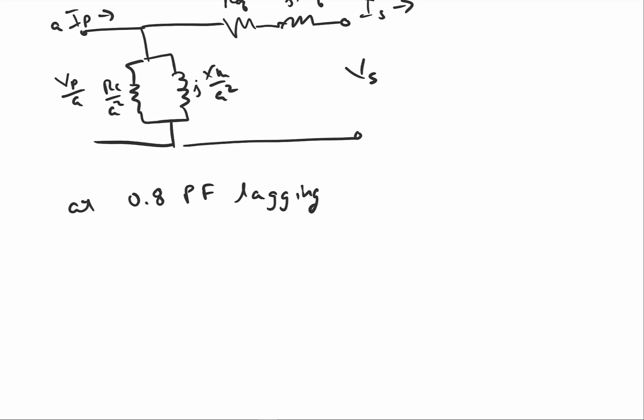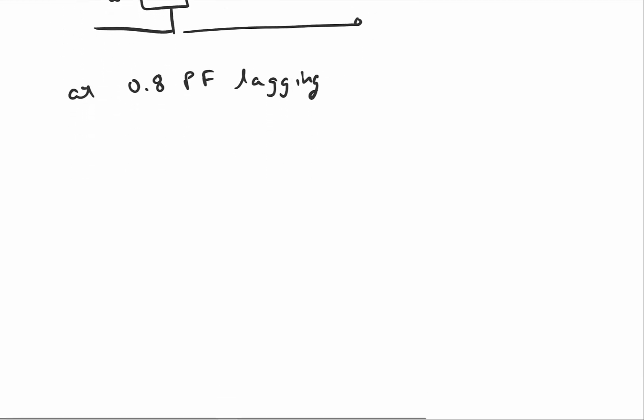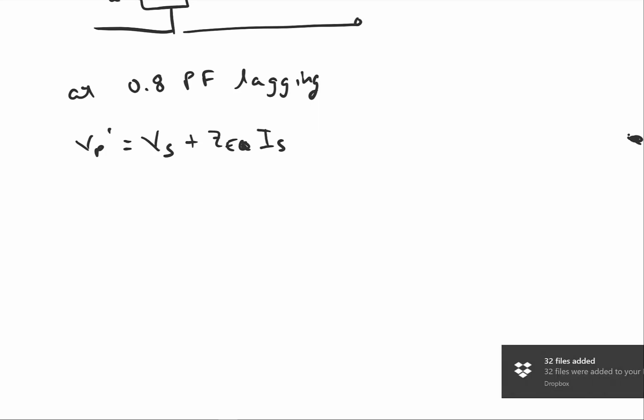So at 0.8 power factor lagging, we have VP prime is equal to, we're using the equivalent circuit for this, is equal to VS plus Z equivalent IS. This is just Kirchhoff's voltage law.